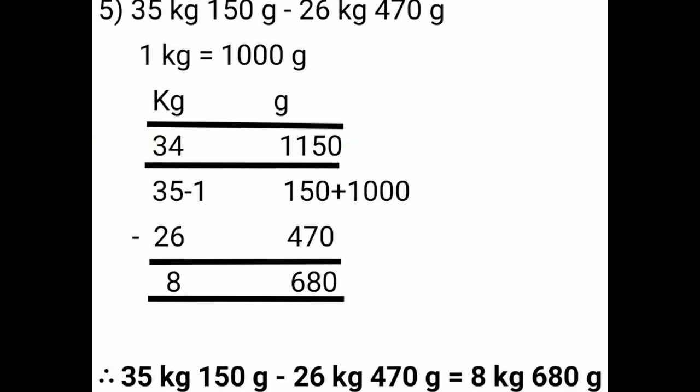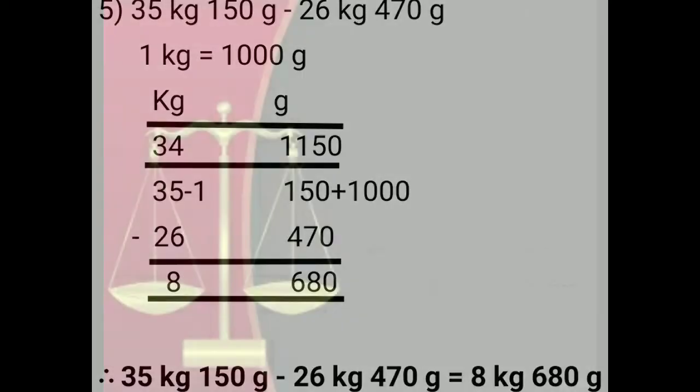Now 34 minus 26 will give us 8 kg and 1150 grams minus 470 will give us 680 grams. This leads us to our answer, that is 8 kg and 680 grams.